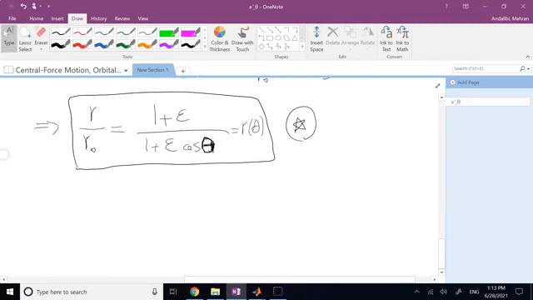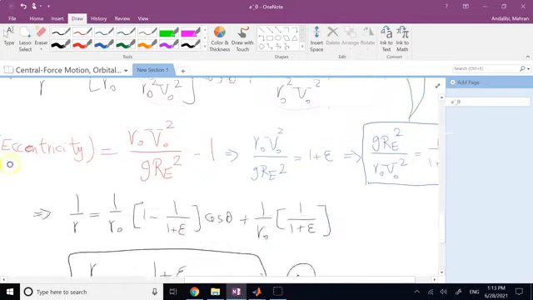Now, why is this an easy formula to understand? Well, let's look at different scenarios. For example, if your epsilon number is equal to 0, what does that mean? If you plug in 0 in this top equation, it means R over R naught is going to be equal to 1. And it means R equals R naught.